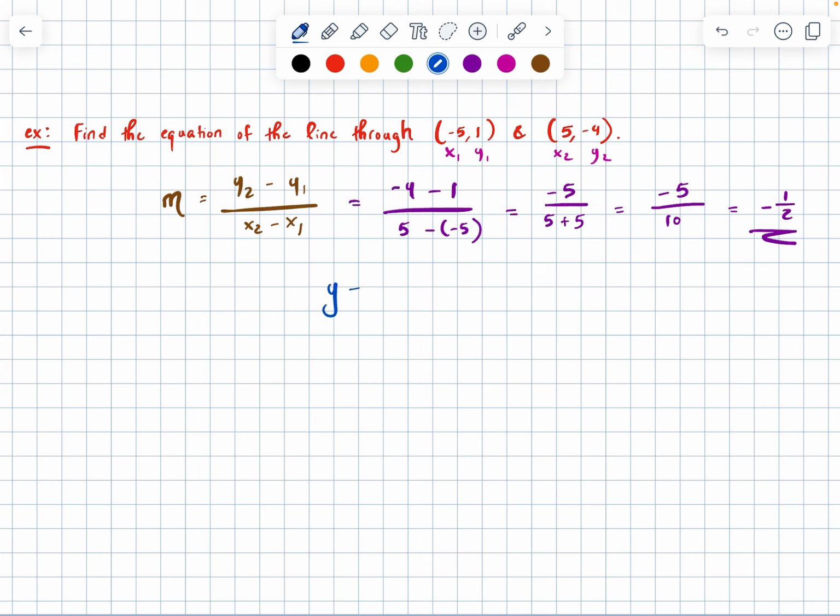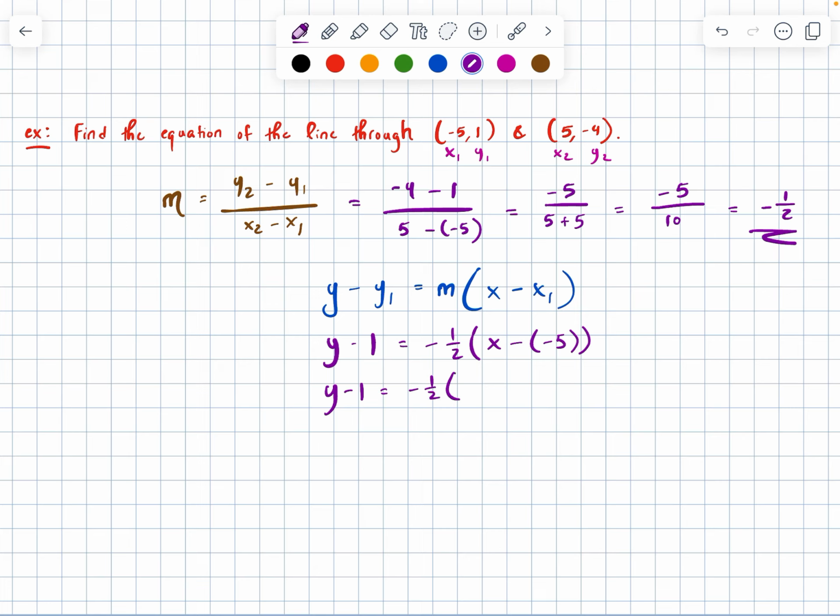So my slope, my m value is -1/2, and I want to use point slope form all together now. Point slope form is y minus y1 equals m parentheses x minus x1. With this, all I've got to do is get y by itself. So y minus y1, as I've used above, is 1 equals m, which is -1/2, times parentheses x minus x1, which is -5.